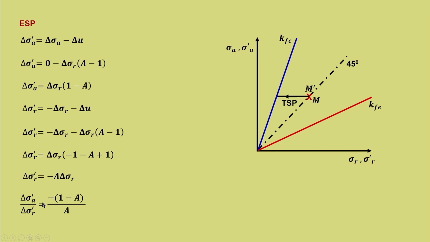So, we will take the slope, delta sigma A dash upon delta sigma R dash is equal to minus (1 minus A) by A. Now, have you seen this expression before? Yes, we have seen, because the slope of the effective stress path remains same as in the previous case, even though the sequence of loading has changed.